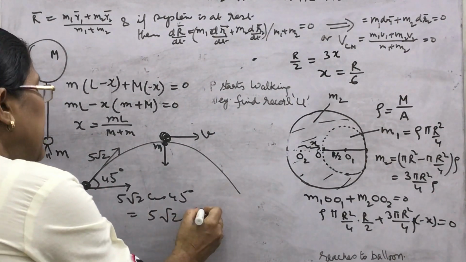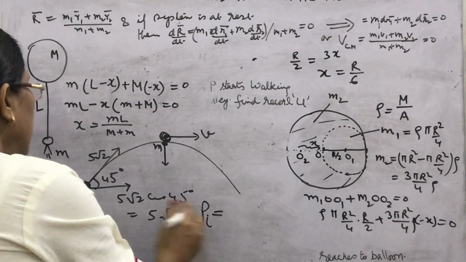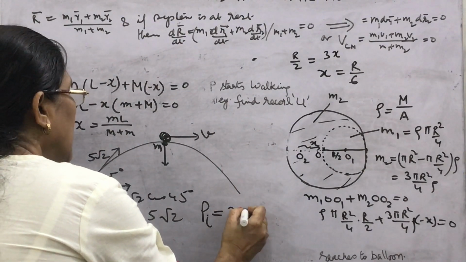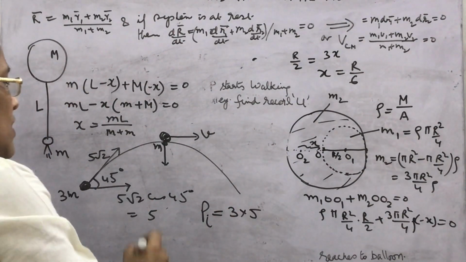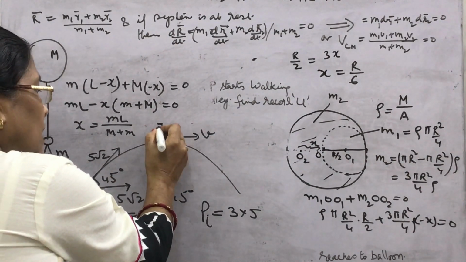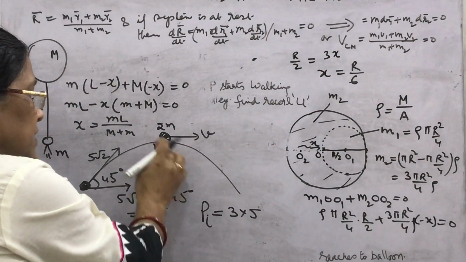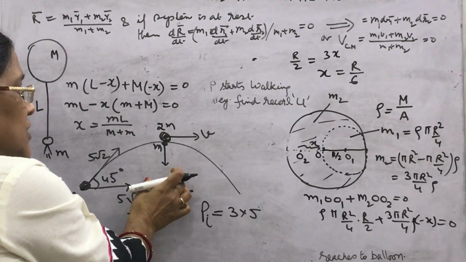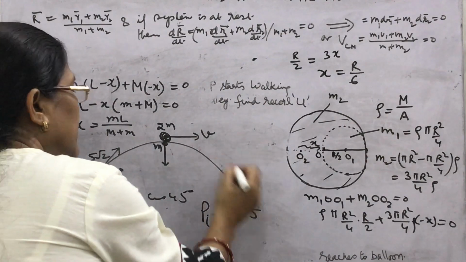What is the initial momentum in the horizontal direction? This will be 3m into 5, since √2 cancels. At the maximum height, this part will have mass 2m and its velocity v in the horizontal direction. The other part doesn't have any velocity in the horizontal direction, it is falling freely. So only 2m has the velocity v.